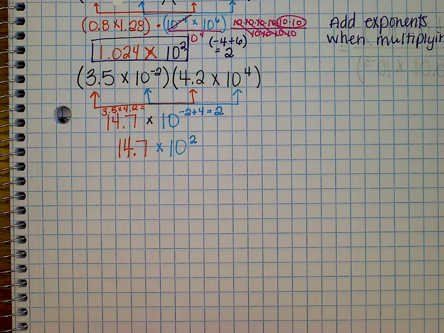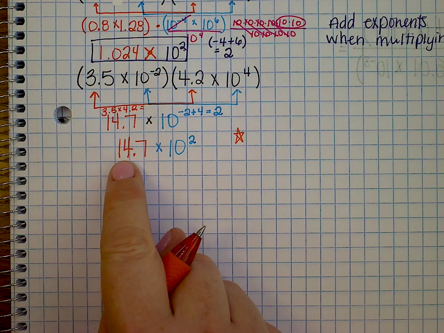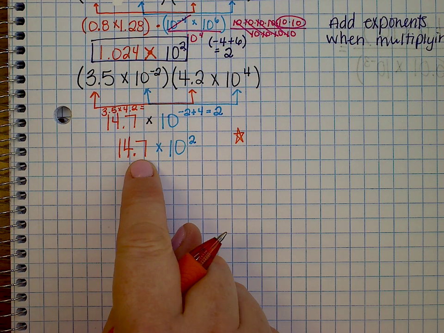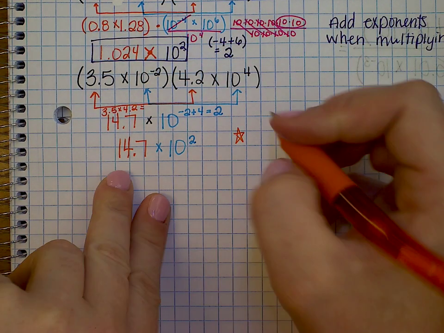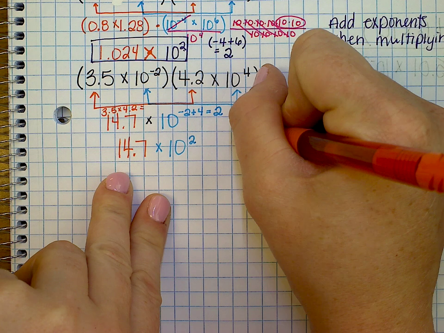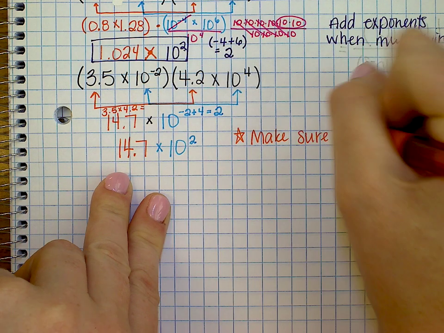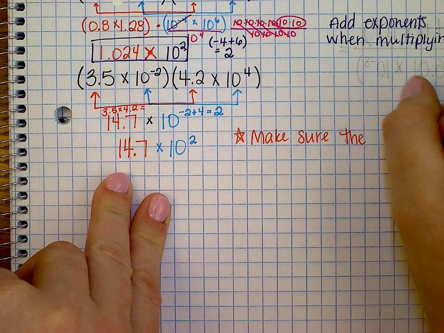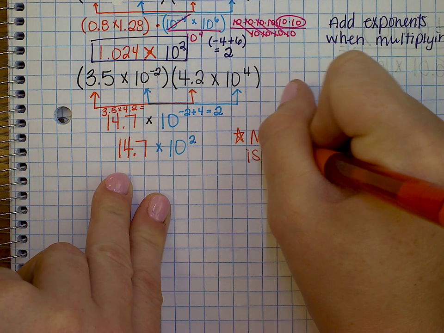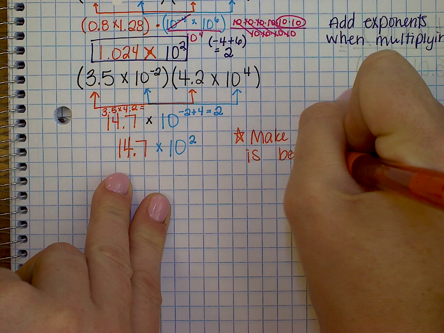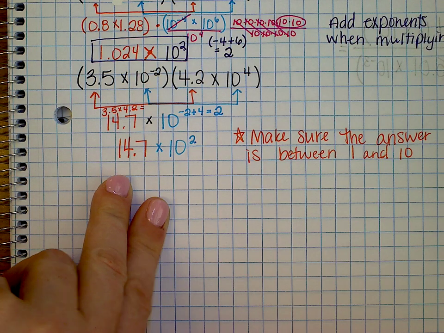Now, if you think about scientific notation, this number has to be between 1 and 10. Is 14 between 1 and 10? No, so we have one extra step. You have to make sure the answer is between 1 and 10.